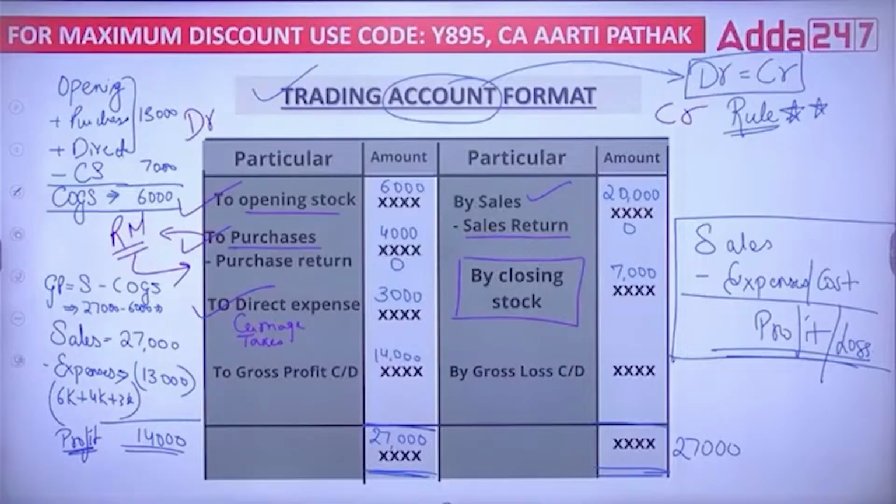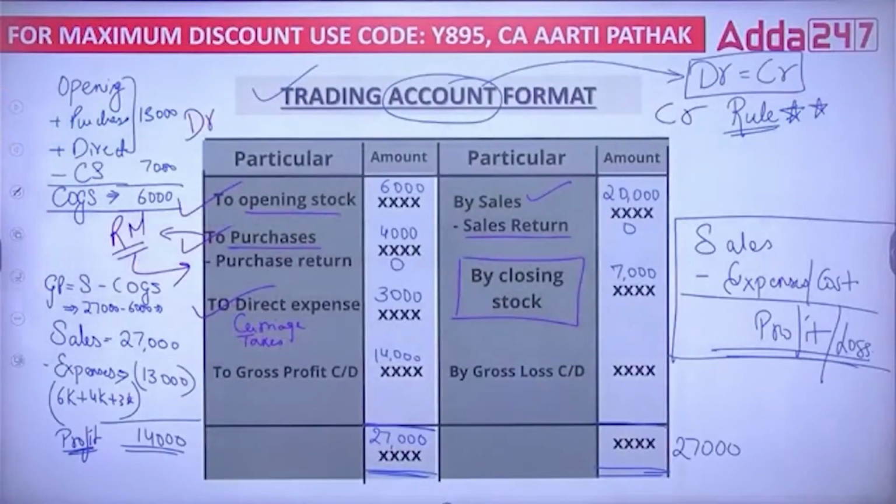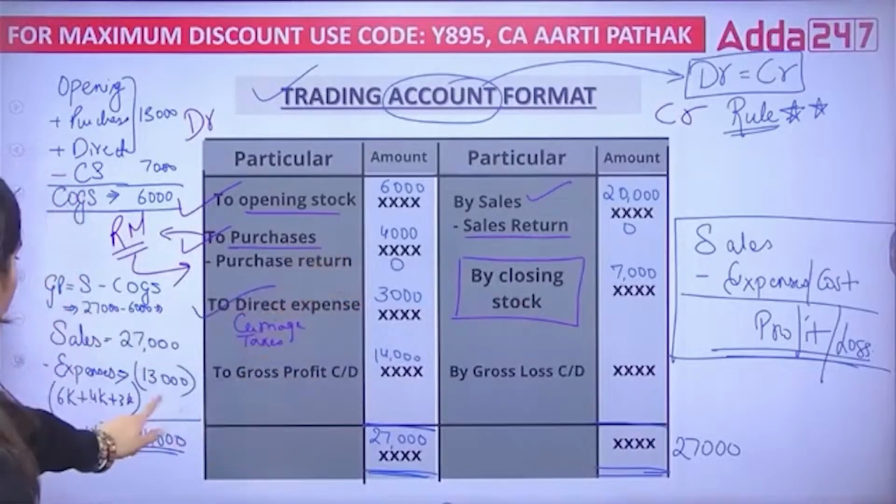Wait, something I have made here wrong. Just give me a moment. Wait. This is your 27,000, correct? And this is your 10 and 3, that is 13,000.